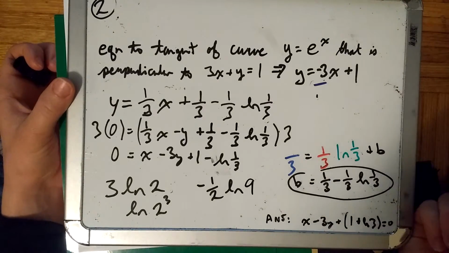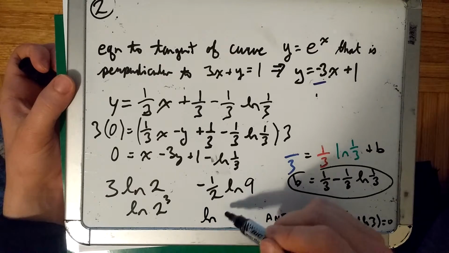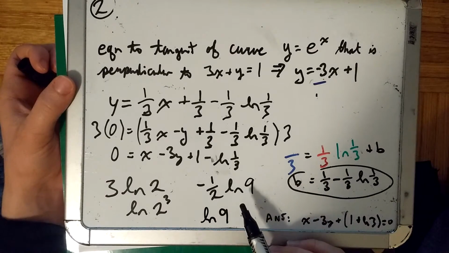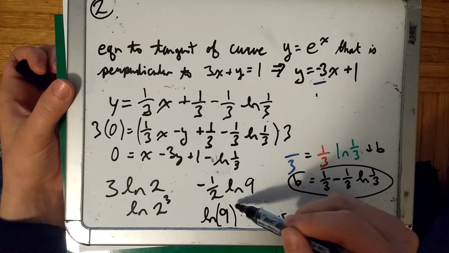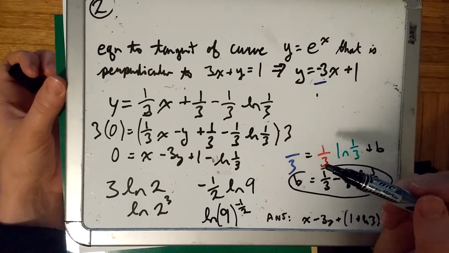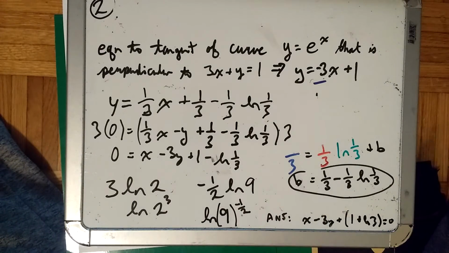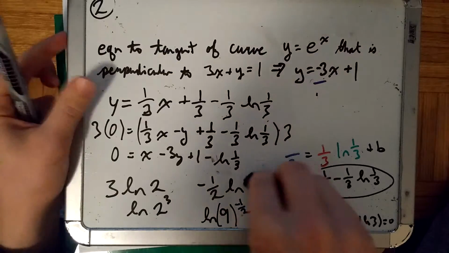This is also equal to what, if I were to make this into an exponent? This would be equal to ln of 9 to the negative half, right? For example. Okay, so knowing that, we can change this one a little bit too.